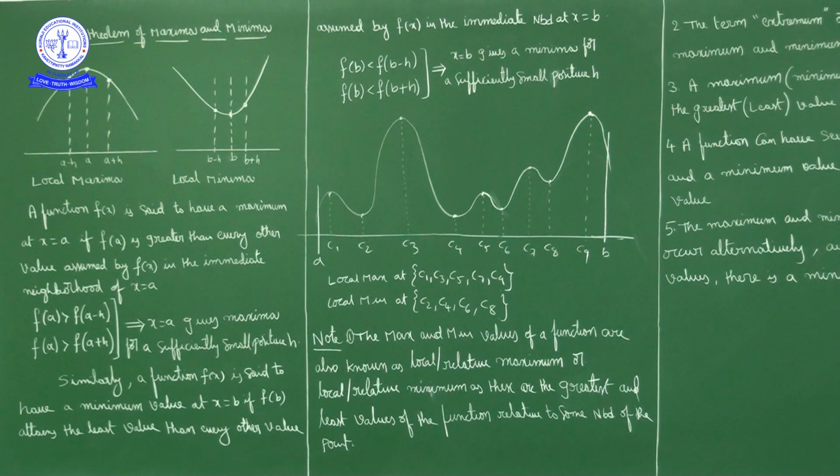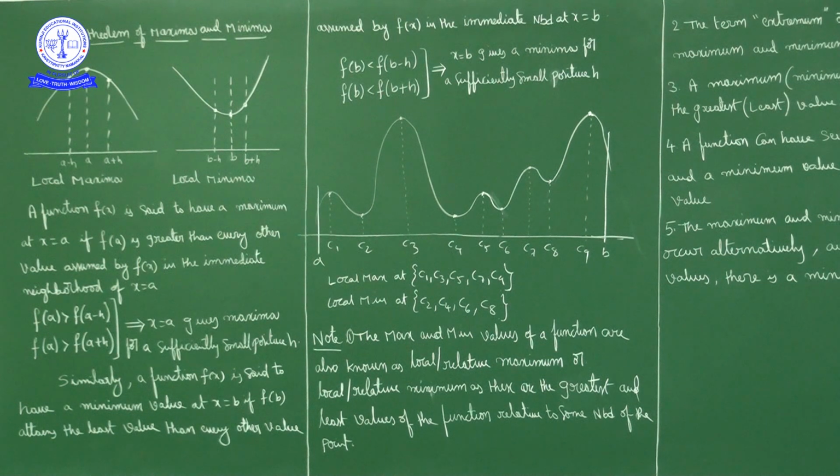The term extremum or turning value is used for both maximum and minimum. A maximum or minimum value of a function may not be the greatest or least value in a finite interval. The local maximums c1, c3, c5, c7, c9 may or may not be the greatest value of the function in the finite interval.